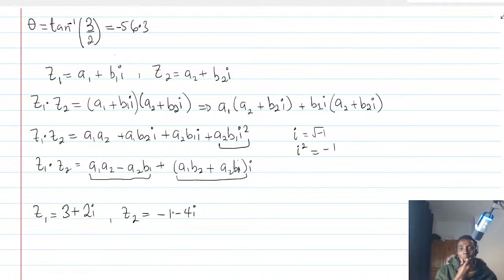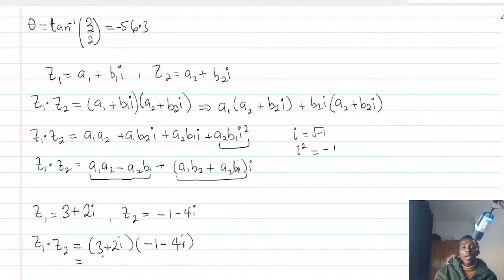Okay. So then, if I multiply Z1 by Z2, I will get 3 plus 2i multiplied by minus 1 minus 4i.